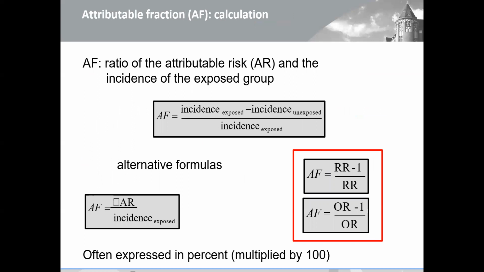Then we are moving from the attributable risk to the attributable fraction. Now this becomes a fraction, which means there's a division. So it is a ratio of the attributable risk and the incidence in the exposed group.